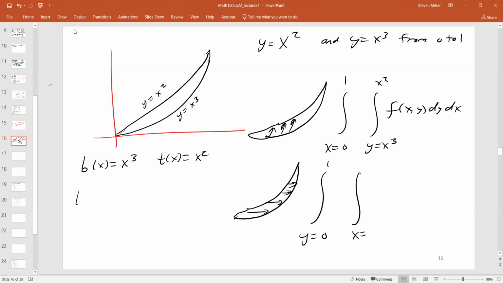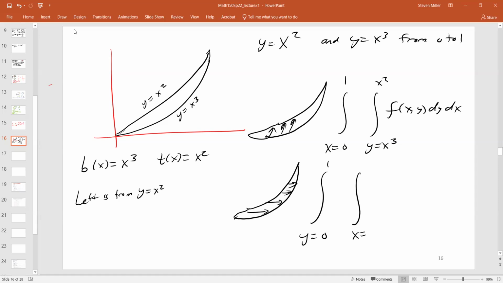So the left is from y equals x squared. Okay. So given a value of y, we need to figure out what the corresponding value of x is. Right? Before we had y as a function of x, that gave us the x cubed to the x squared. Now I need to find x as a function of y. So if y equals x squared, what is x as a function of y?